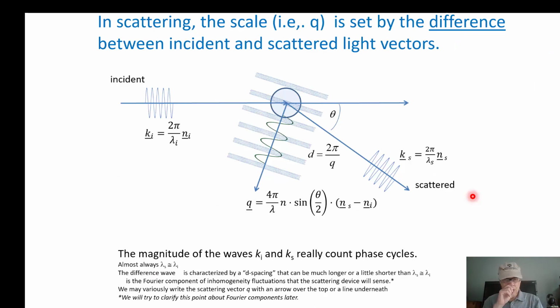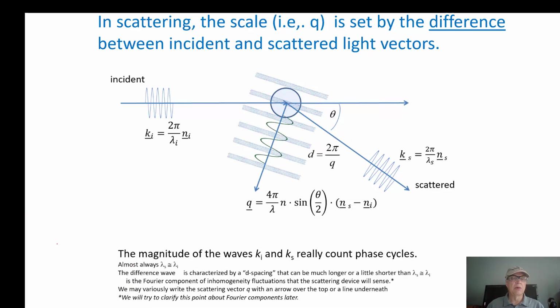So what it is, this scale Q, it's actually the difference between the scattered light vector and the incident light vector. So imagine that I will switch and actually draw this.